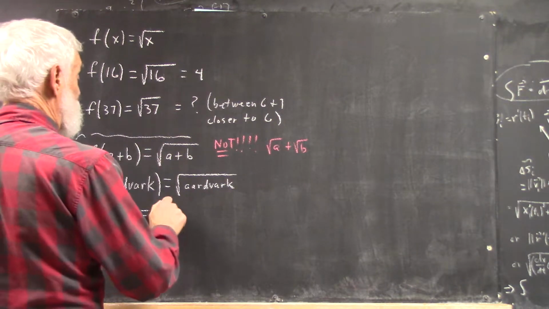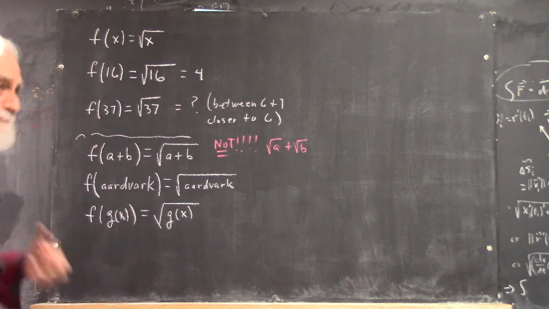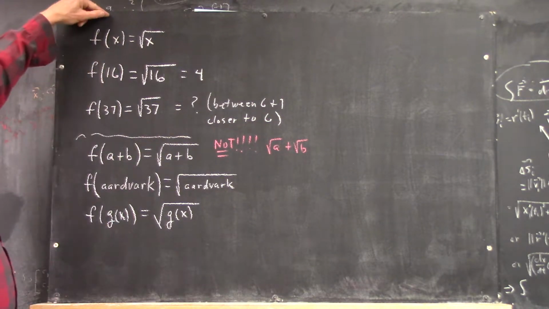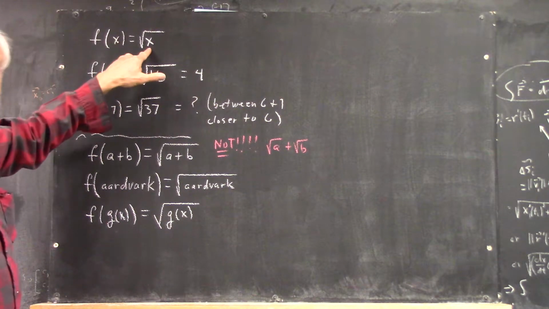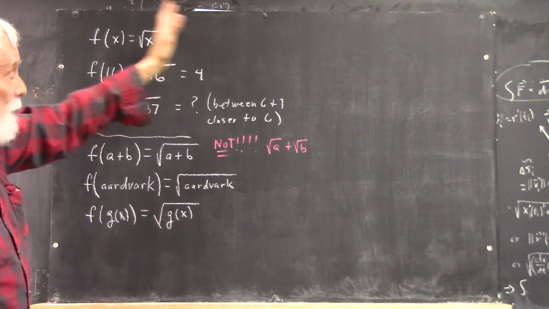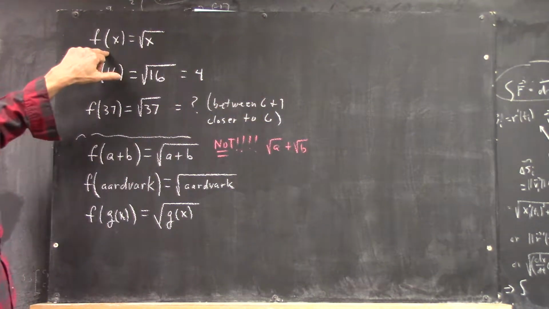A little noise in the hall. The square root of g of x, right? Get the pattern? Whatever's in these parentheses for this function is what's here, right? And if there are a bunch of x's in this expression, then every x is replaced by whatever's in the parentheses, right?